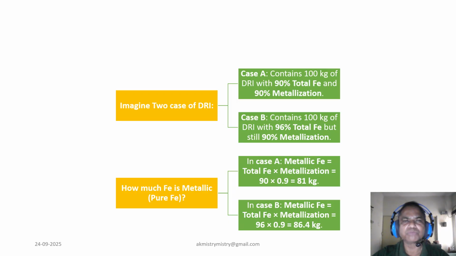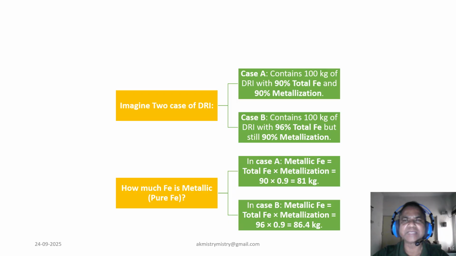So first let us calculate how much of the iron in each case is metallic, or pure Fe. In case A, the metallic Fe is the total Fe multiplied by the metallization, which is 90 times 0.9, giving 81 kg. In case B, the metallic Fe is 96 times 0.9, which equals 86.4 kg.